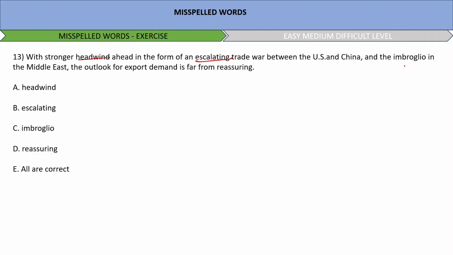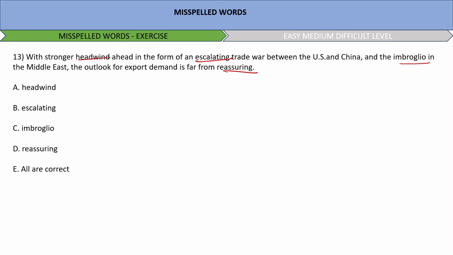So the correct answer to the following will be, the error here would be none of these, I think. Correct answer is all are correct.